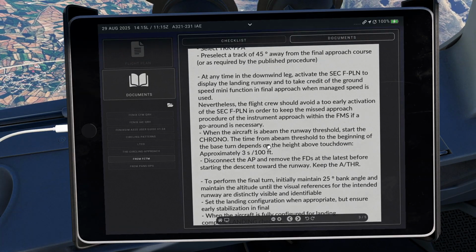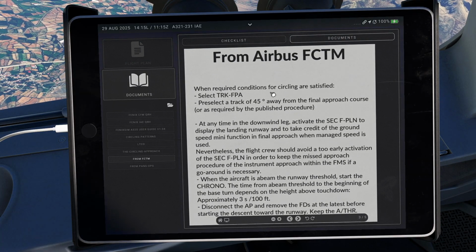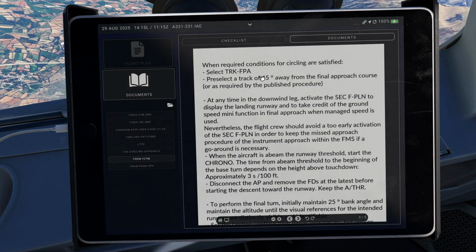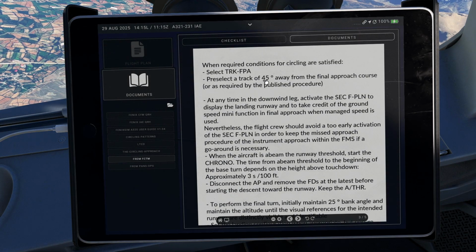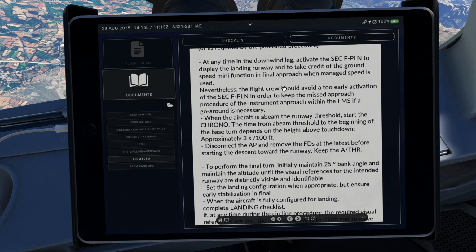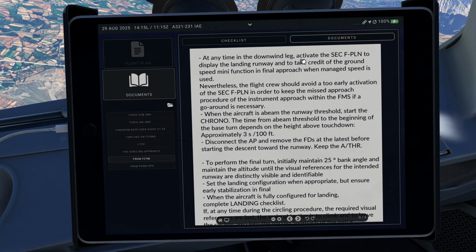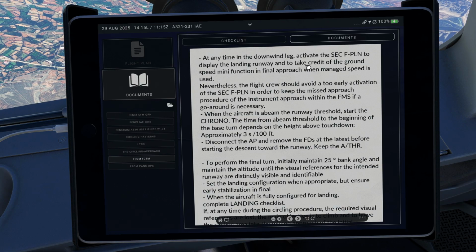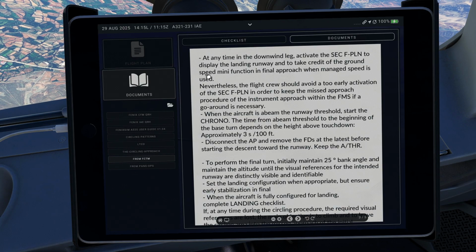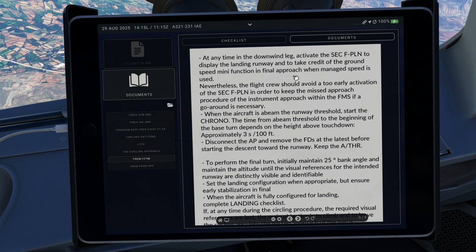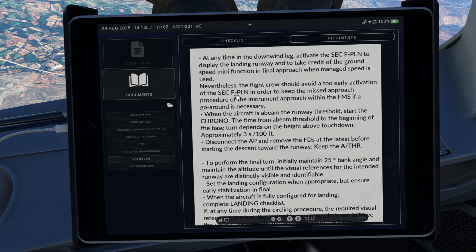For the next page, we have: when the required conditions for circling are satisfied, select track FPA, pre-select the track of 45 degrees, which is not our case today. At any time in the downwind leg, activate the secondary flight plan to display the landing runway and to take credit of the ground speed mini, which is the GS mini function in final approach when managed speed is used.